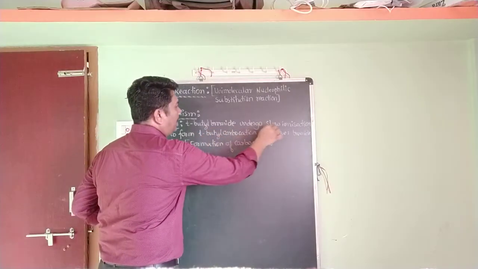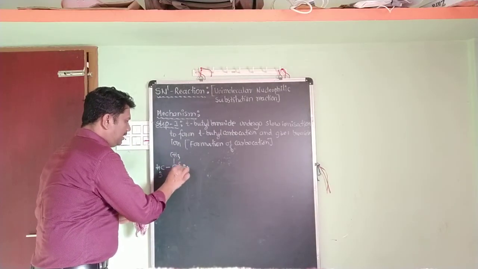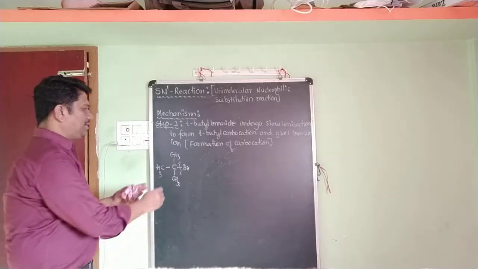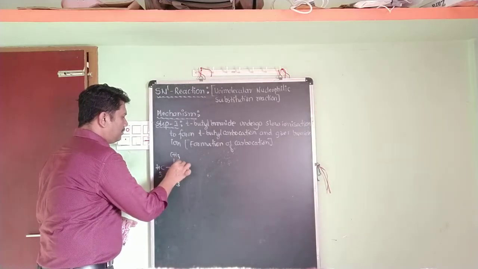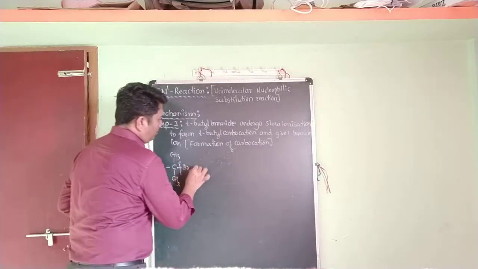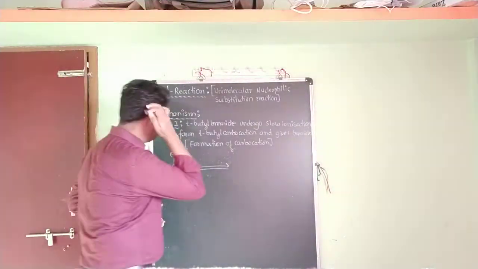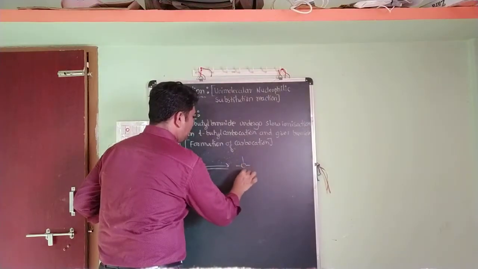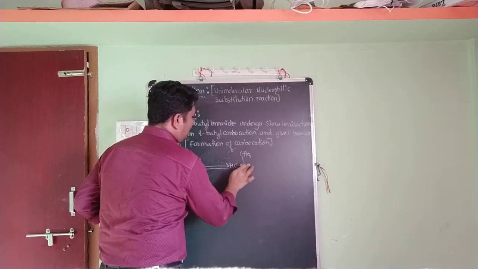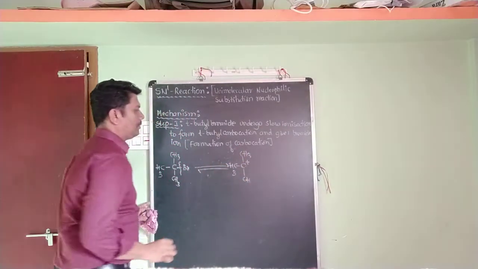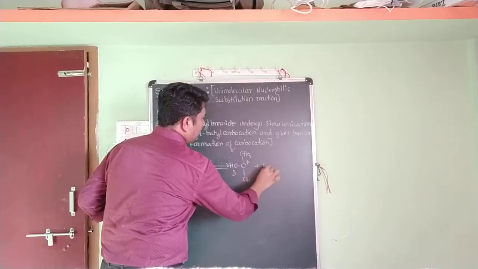Tertiary butyl bromide undergoes slow ionization, meaning the bond between C and Br breaks. Ionization means separation of ions. The bond between C and Br breaks, and it is a reversible reaction, to form CH3, CH3, CH3, C plus, and Br minus.